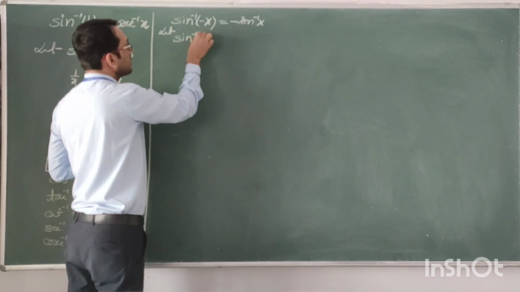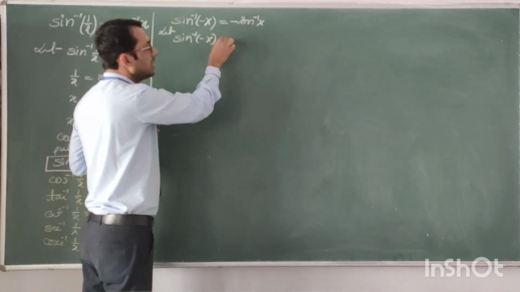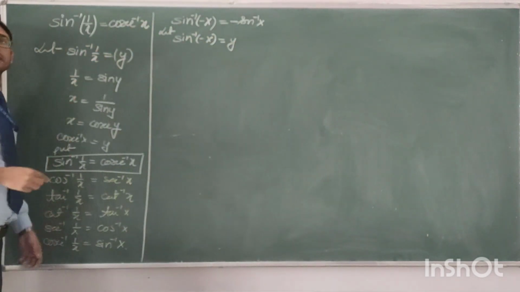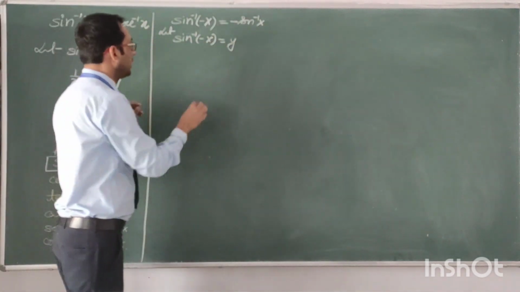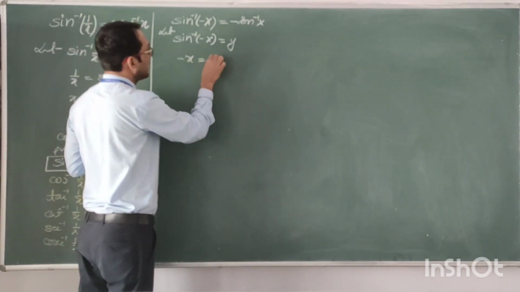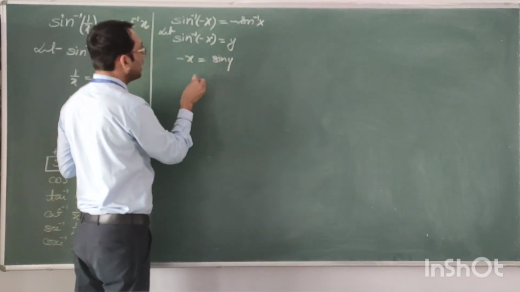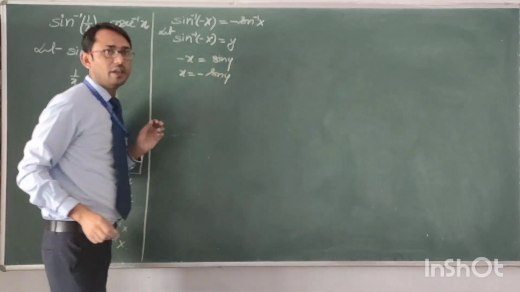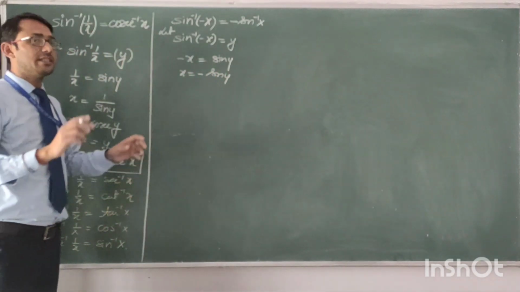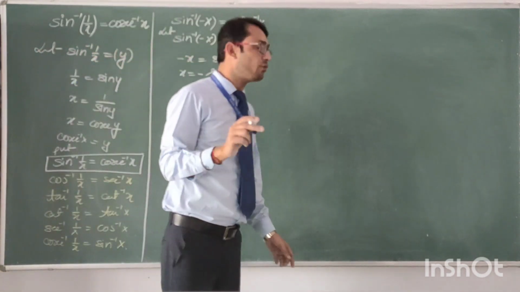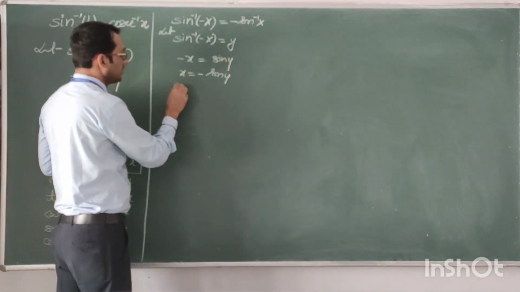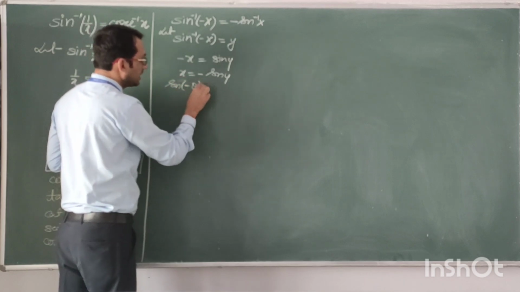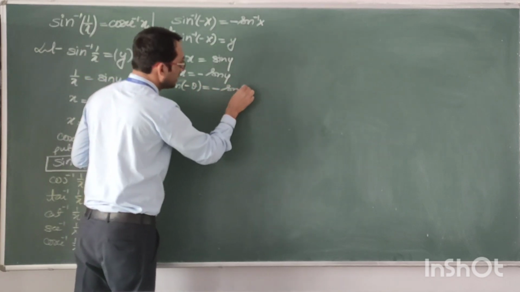Let sine inverse minus x be y. So minus x can be said as sine y, x can be said as minus sine y, and sine is negative in the fourth quadrant, and the fourth quadrant identity is sine minus theta equals minus sine theta.